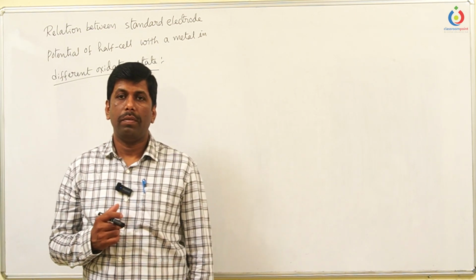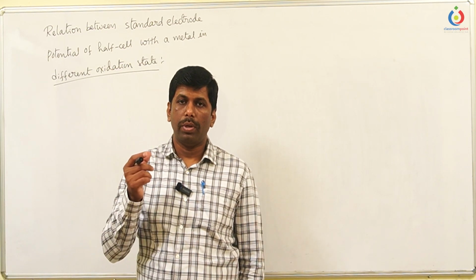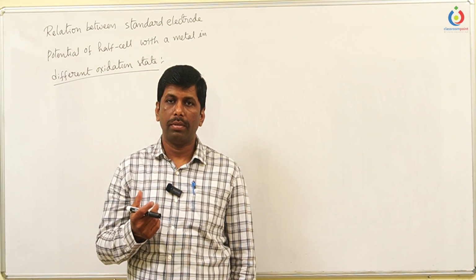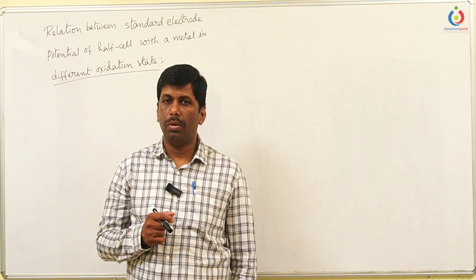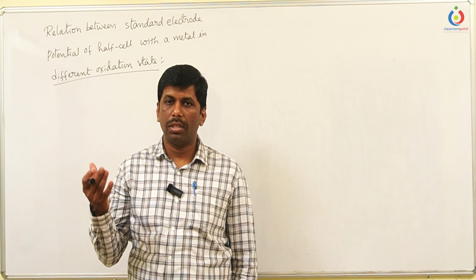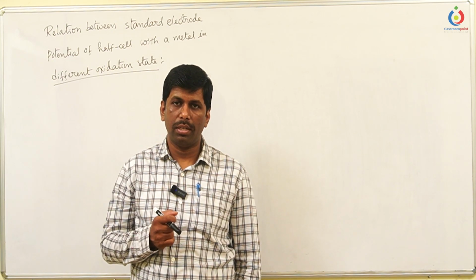In this particular part, we are going to discuss the case when two electrodes are given and we are asked about the third electrode, whose electrode potential may not be available, but we have to calculate it.